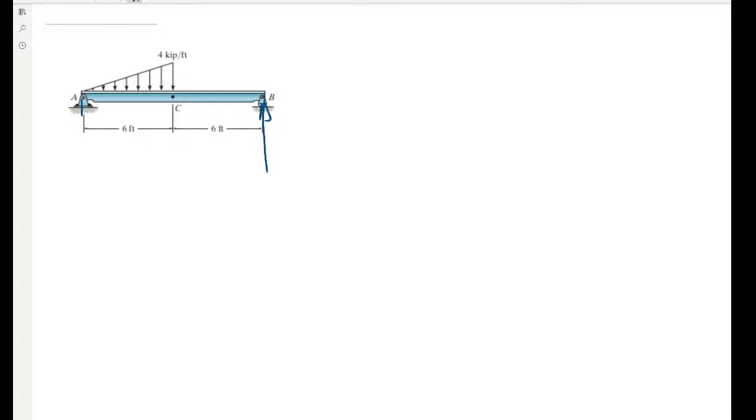Okay. I have an AX, I have an AY, I have a BY. Now, the triangular load can be turned into something a little bit different. Let me show you.